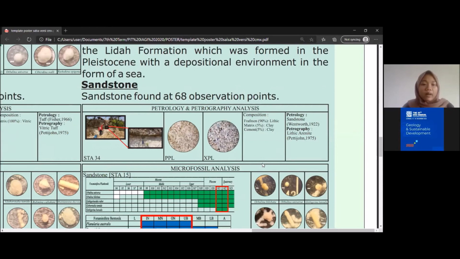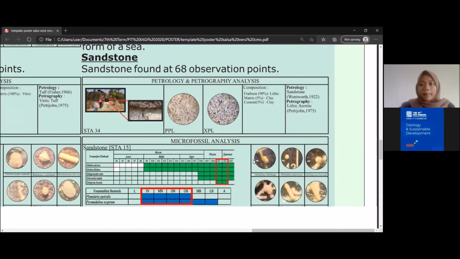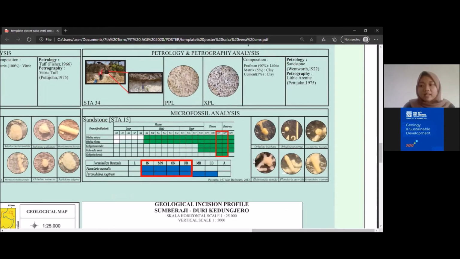Sandstone can be found at 68 observation points, and based on petrography analysis, it is composed of lithic as fragment, clay as matrix, and clay also as cement. The relative age of the sandstone based on microfossil analysis is Pliocene to Pleistocene, sedimented in the Neritic to Upper Bathyal zone based on paleobathymetry study.